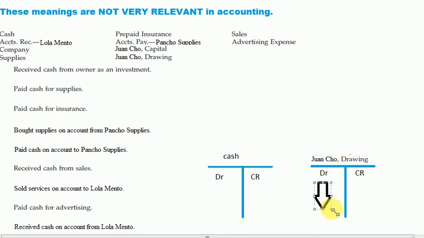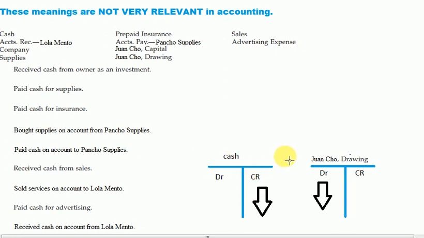And cash, in this case, decreases. When money is being taken out from the business, it has less cash. Debit, credit.